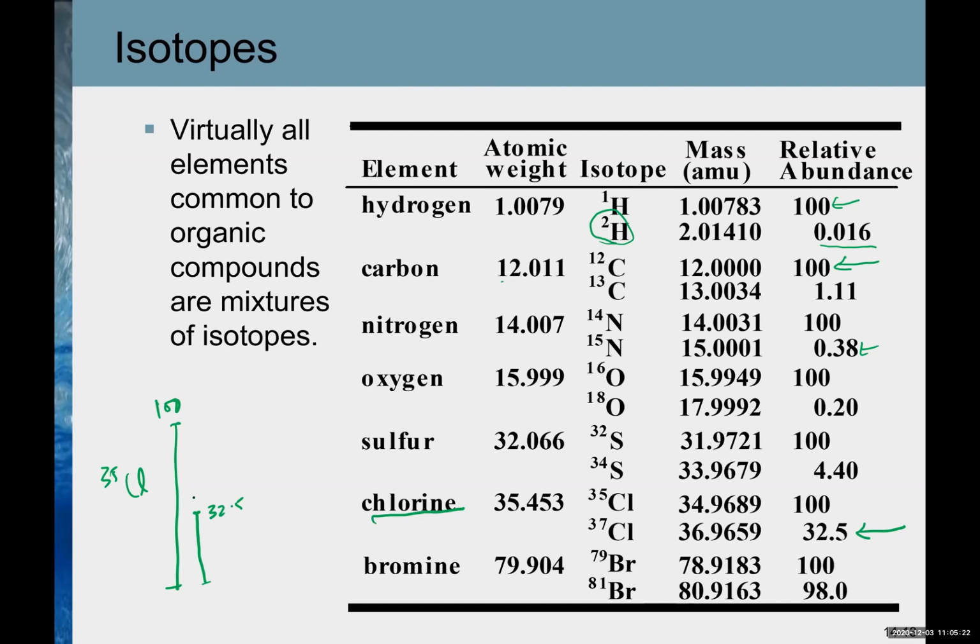Almost one third of the normal signal. Bromine is almost 100 and 100, which is 50-50. So both the signals will be almost same. Okay.